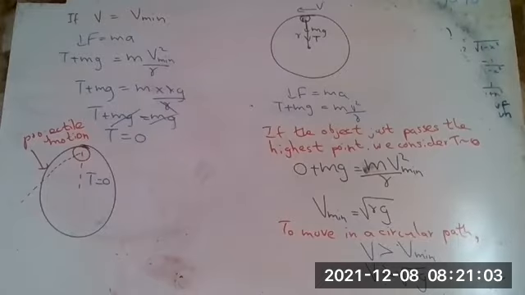At this moment, the velocity at the highest location is called the critical velocity.